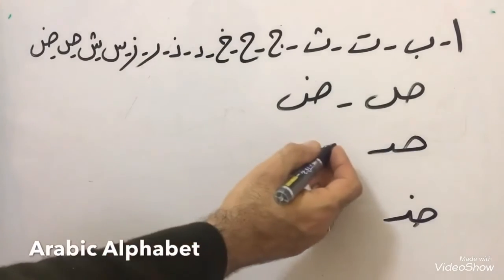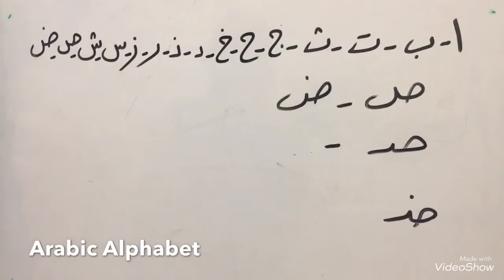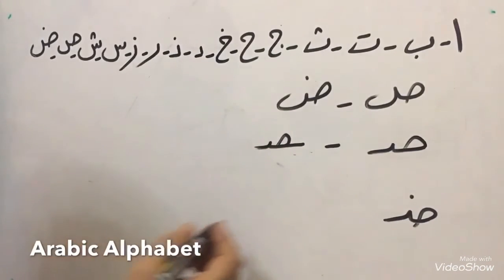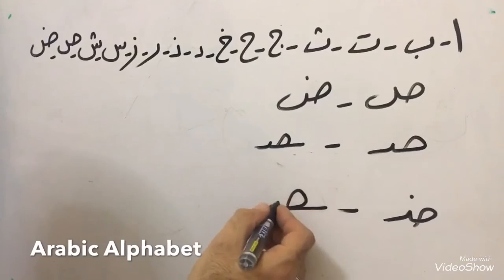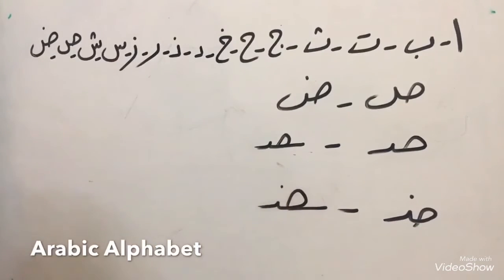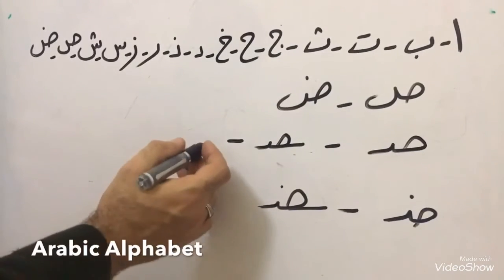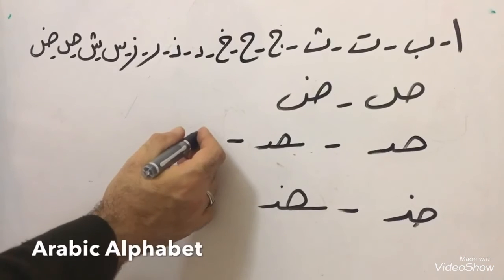In the middle of the word, if the letter before can be joined, we can write it like this. So we can write them like this. If the letter before can't be joined, we can write them like this.